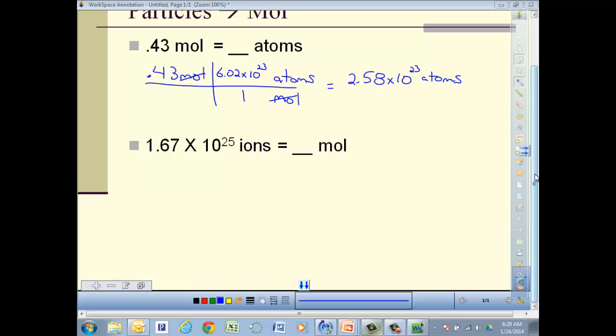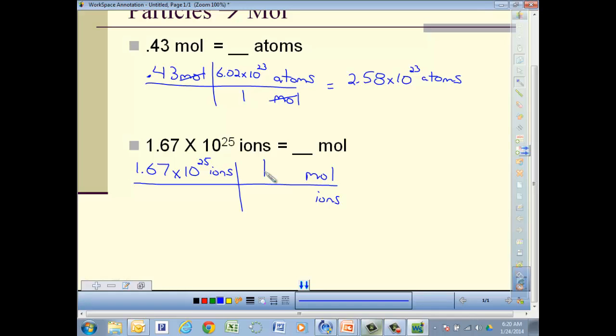This one we're going ions to moles. Again, you go ahead and start off with your given 1.67 times 10 to the 25th ions. Draw our railroad track. Ions, because we don't want them, again, they are going to be opposite of one another. This time we are converting to moles.